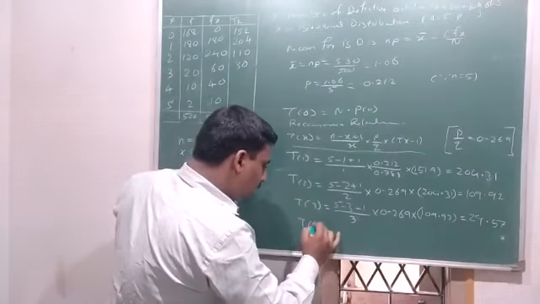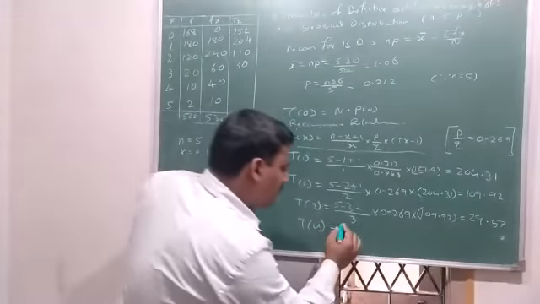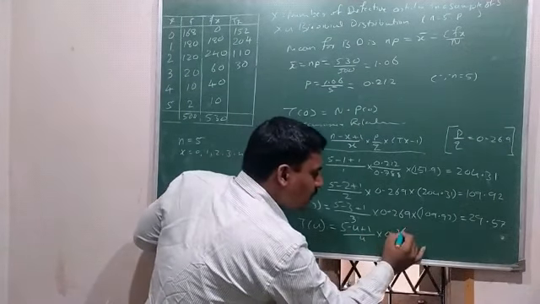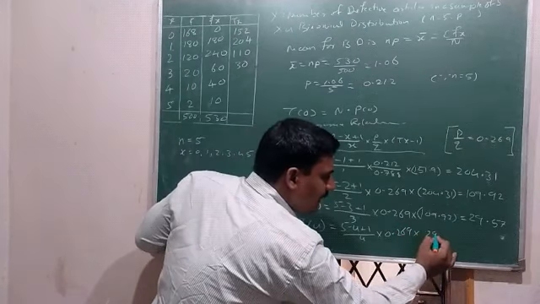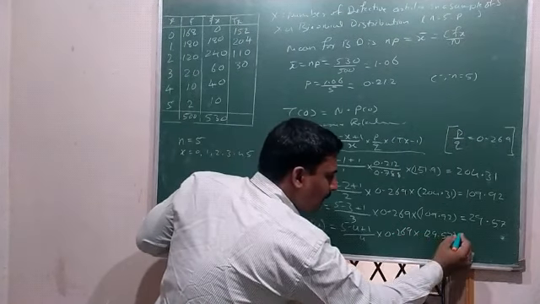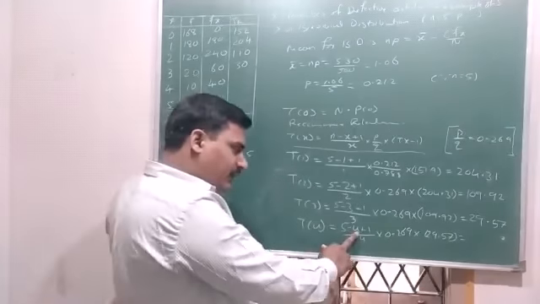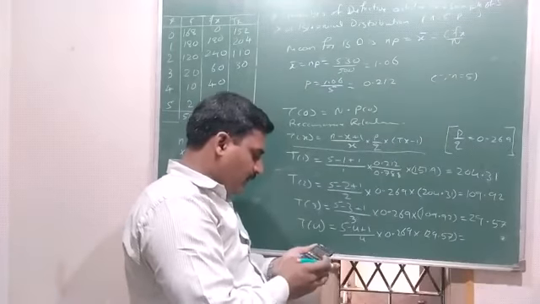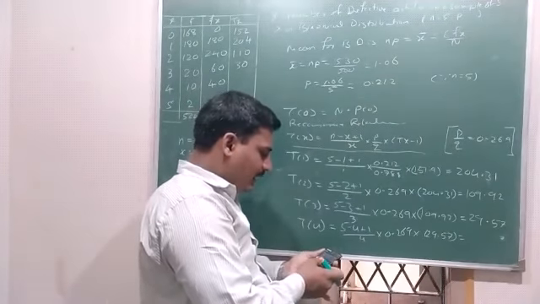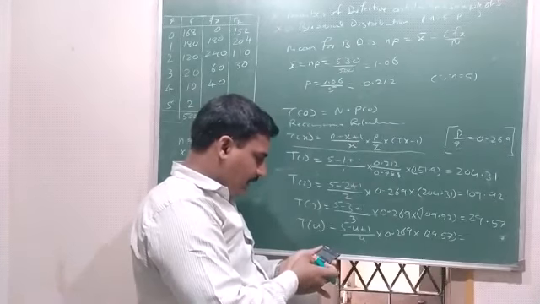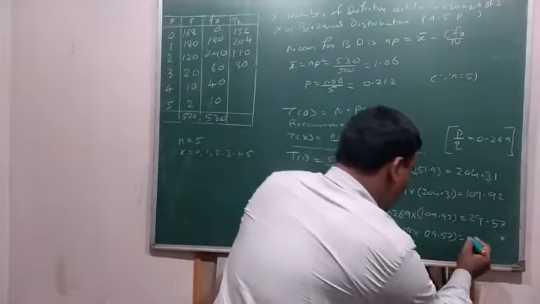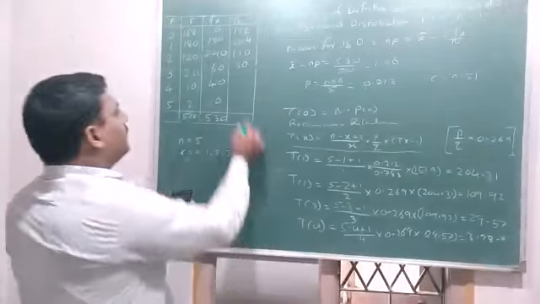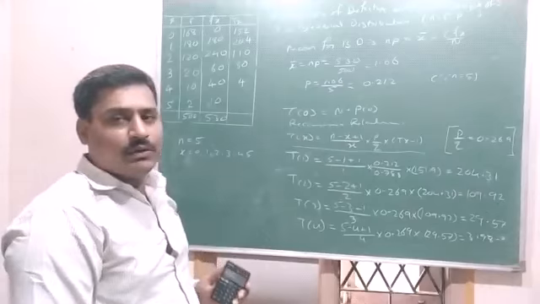Next, T4: 5 minus 4 plus 1 divided by 4 into 0.269 into 29.57. So 5 minus 4 is 1, 1 plus 1 is 2, 2 divided by 4 is 0.5. So 0.5 into 0.269 into 29.57, we get 3.977, approximately 4.